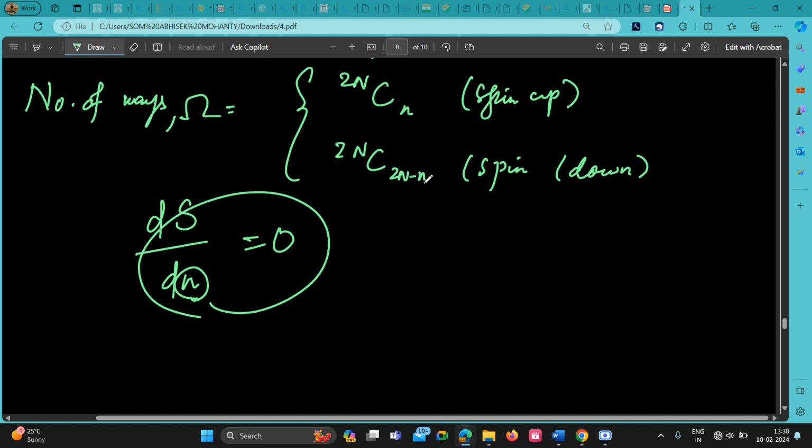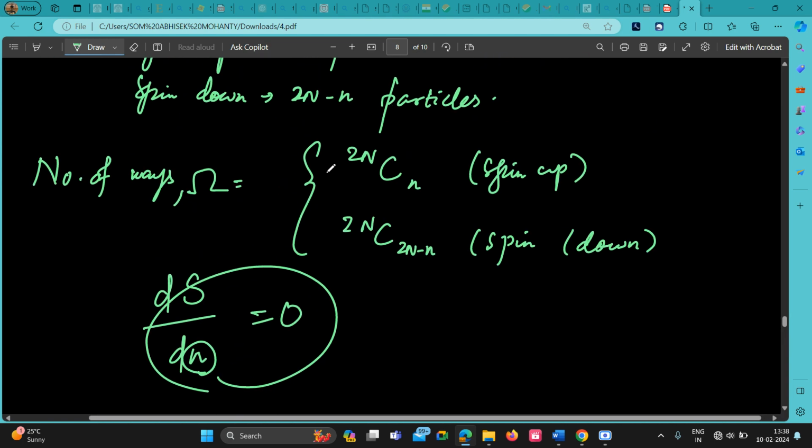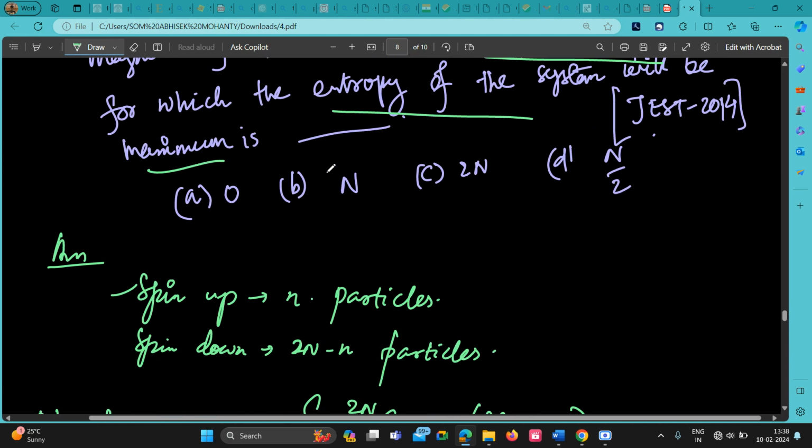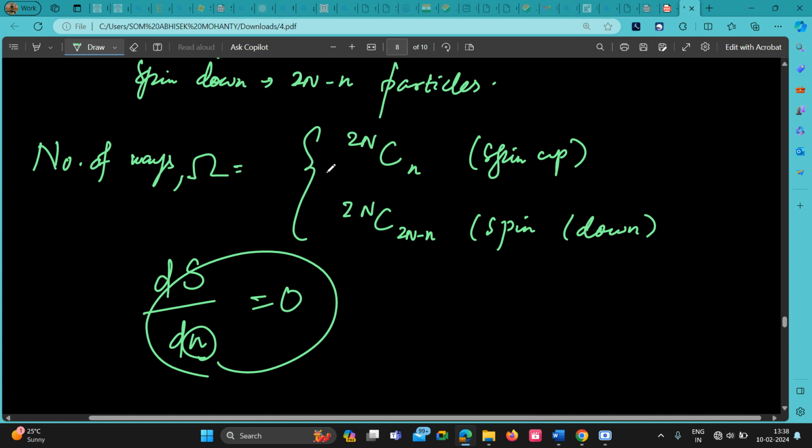So we know entropy is k ln omega, isn't it? So let's write k ln of total omega. These two are like omega 1 into omega 2.